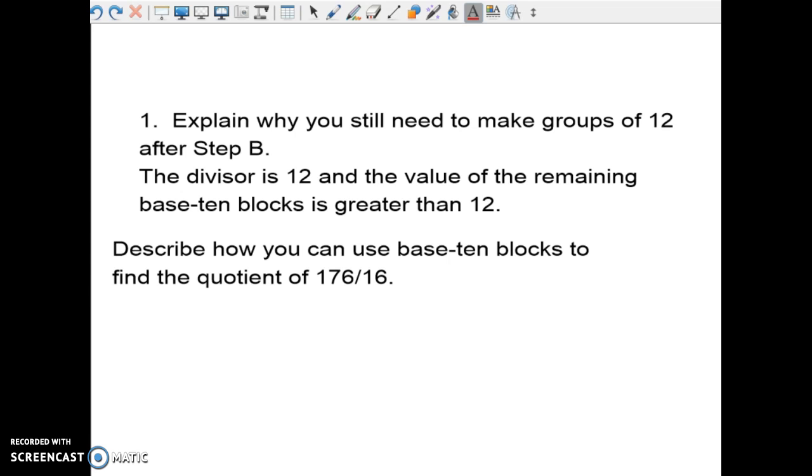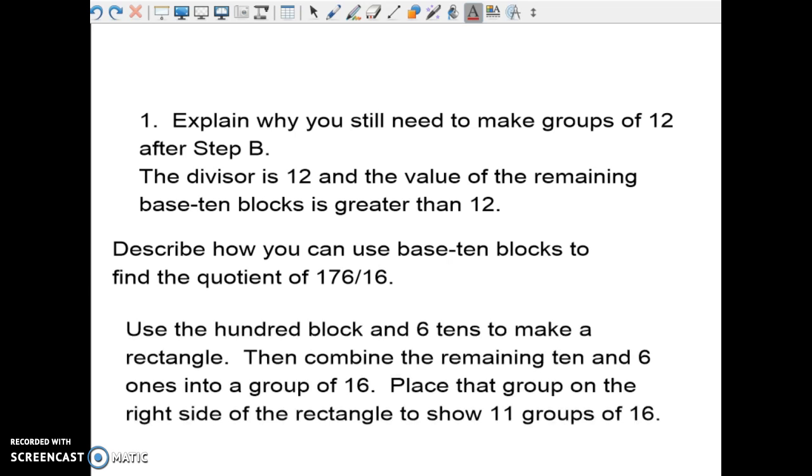Okay, I'm going to type this up in Word. So you're going to use the 100 block and 6 tens to make a rectangle. It would look something like this with our 100 block and 6 tens under. And then we're going to combine the remaining tens and 1s into groups of 16.